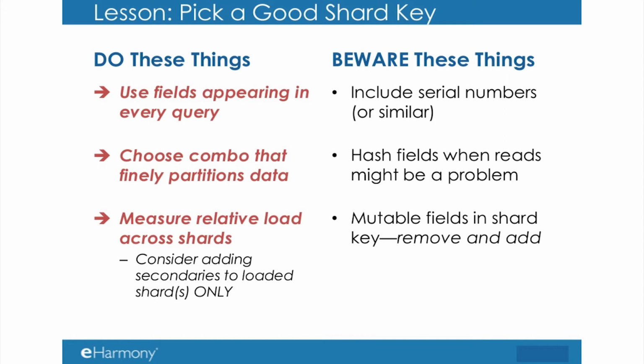Also, another thing to think about is MongoDB assumes that all of the fields that you use in your shard key are immutable, which is a perfectly reasonable assumption on their part. One thing that I'm going to encourage you to think about is not only whether the fields are mutable or immutable in fact, but whether they're immutable in practice, because as engineers we try to imagine that the world runs in an orderly way.